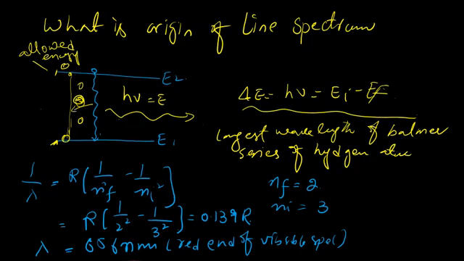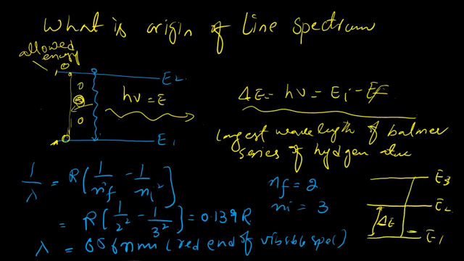As an example, if we have three energy levels, E3, E2, and E1, the energy differences are ΔE equal to E3 minus E1, and E2 minus E1.